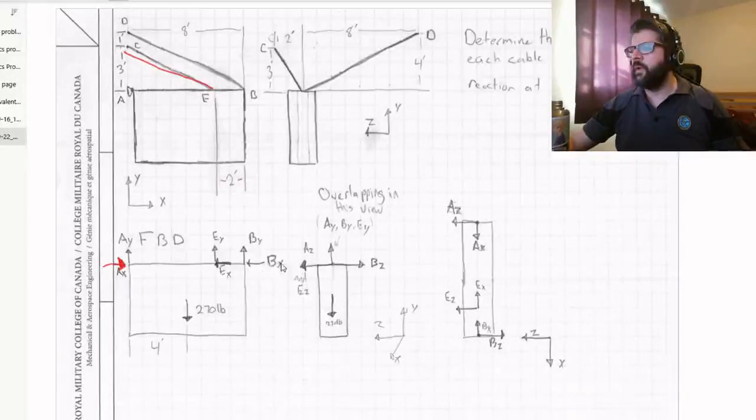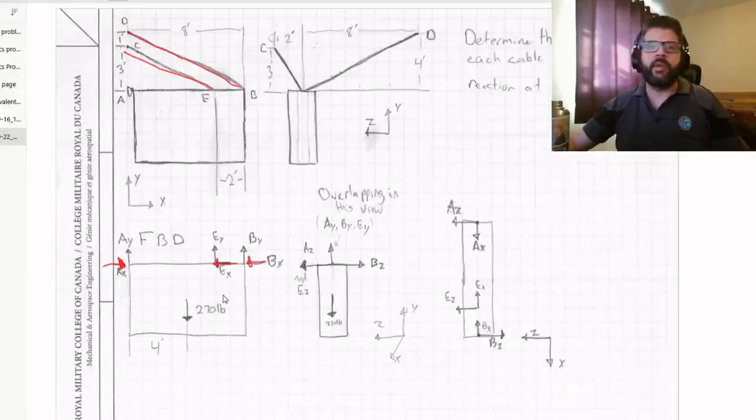And we're going to have an X component of the tension for this cable here from B to D. So those are our X components.